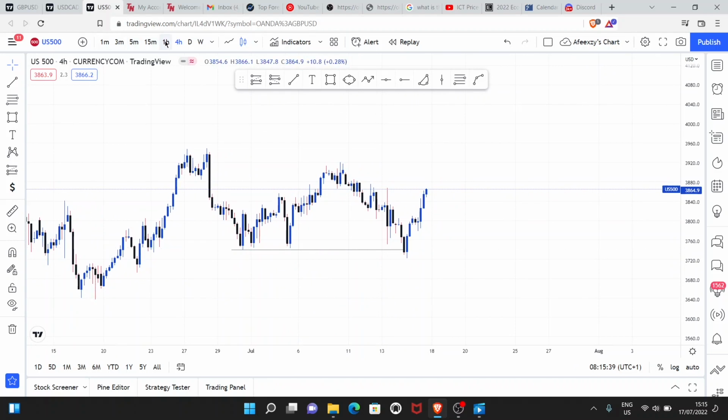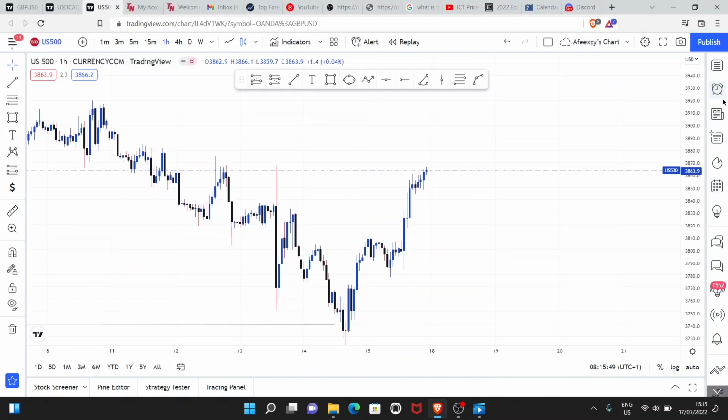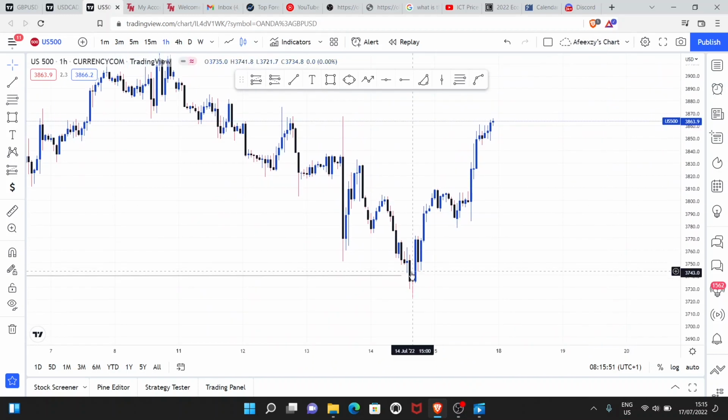Now let's go to the 1 hour time frame. You can't see anything very clear in the 4 hour time frame, but on the 1 hour time frame, I can see this was a low and this a low. The structure change from here.